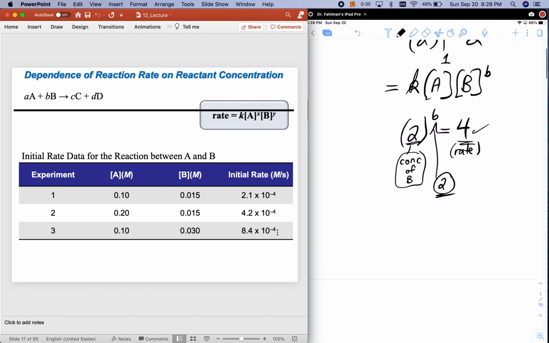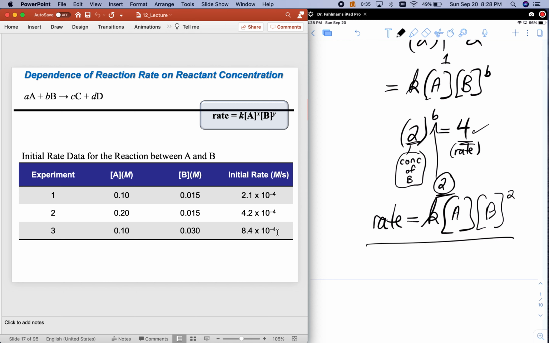Your overall rate then is some constant times A to the power of 1, and B to the exponent of 2. This is your rate law.